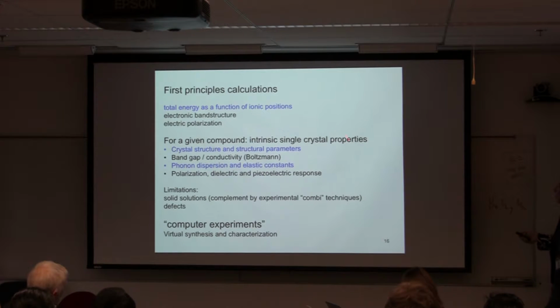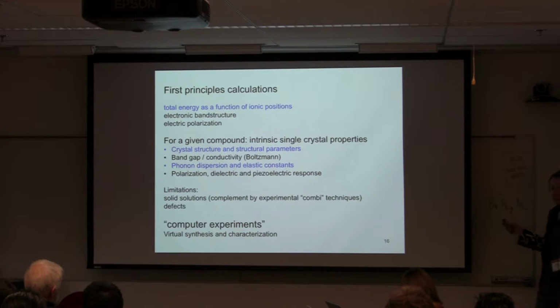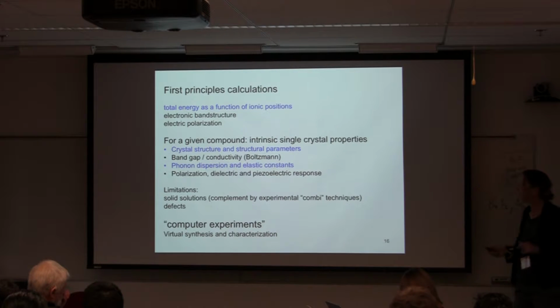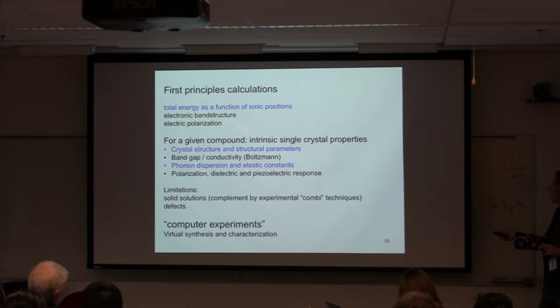All right, so this gives you a little bit of the flavor of what you can do with first principles calculations. I've focused on the things in blue. As you'll see in the next section, we can also generate information about electronic states, and also information about the electric polarization of the system.